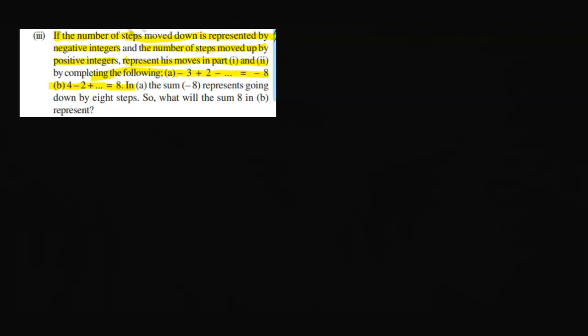So we have been told that whatever moves he is making upwards are positive and whatever moves he is making downwards are negative. So in part A, he goes down by 3 and up by 2. So negative 3 plus 2, and this expression will be done many times so that it becomes negative 8.